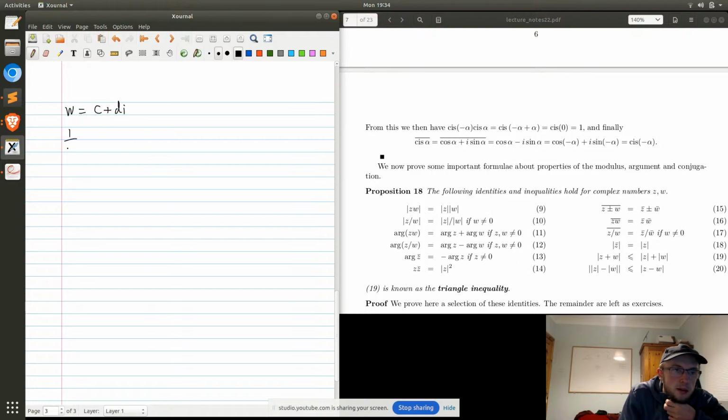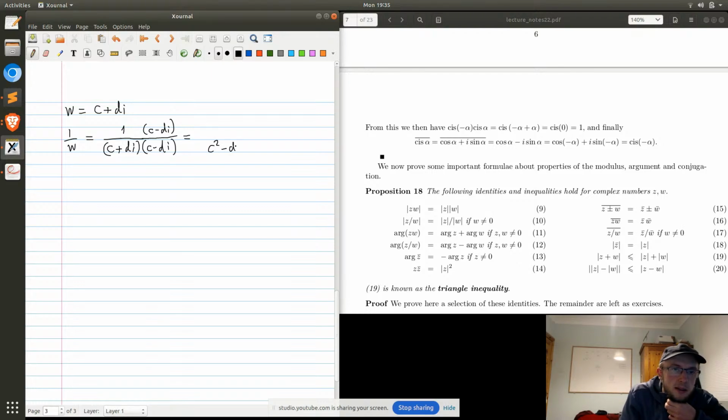Let's consider what the reciprocal of W looks like. What does 1 over W actually look like? Because I don't quite know right now. So it's that. And then we'll do this. Top and bottom times it by the conjugate. And then what do we get?